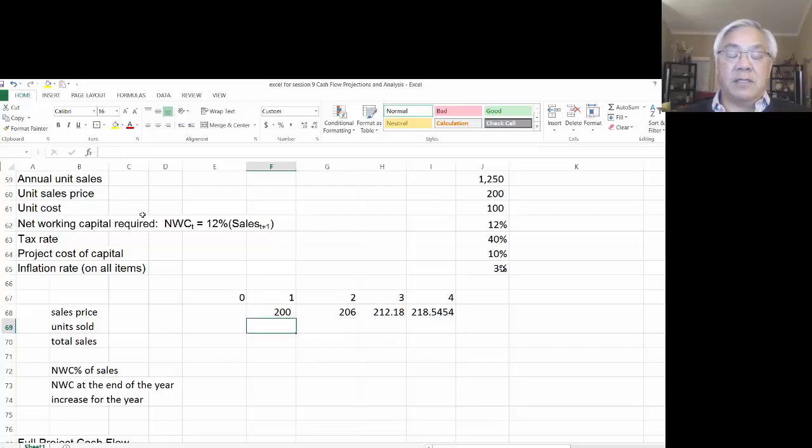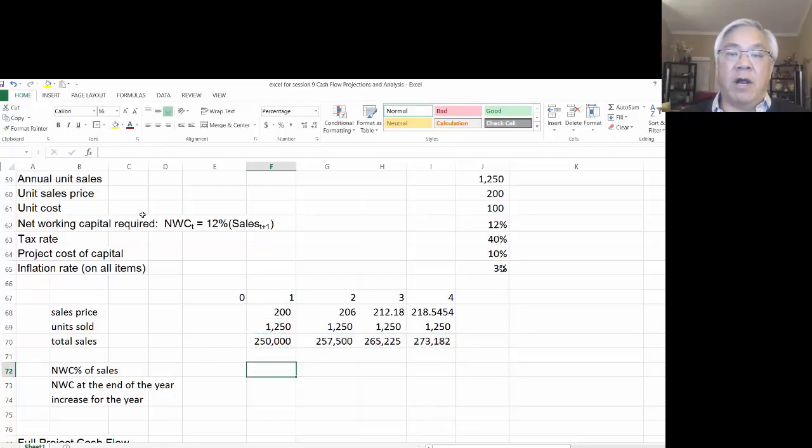So the units sold is stable at 1250. So we'll do that is the same for the 4 years. So total sales equals the sales price times the units sold. And that formula we can copy across.